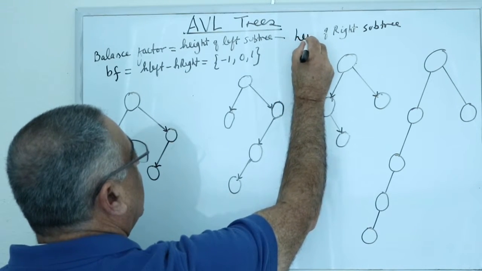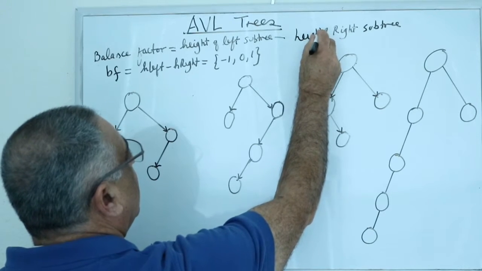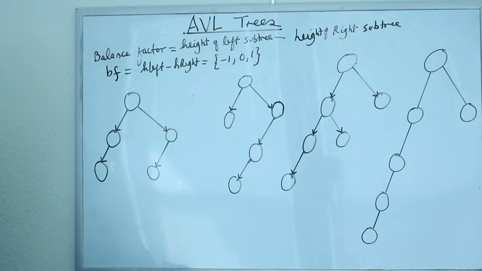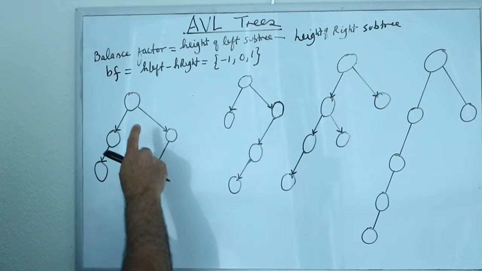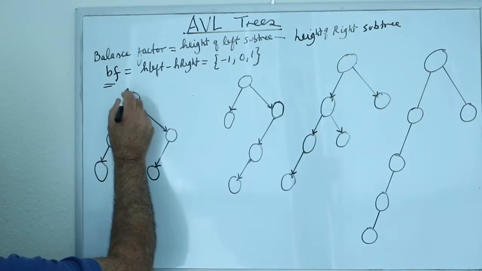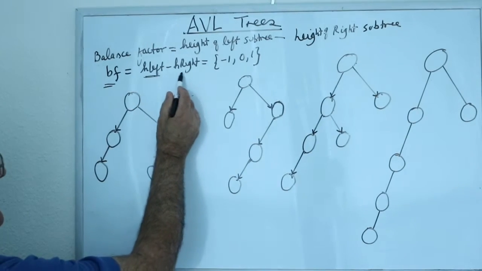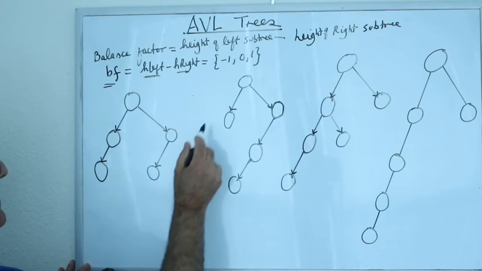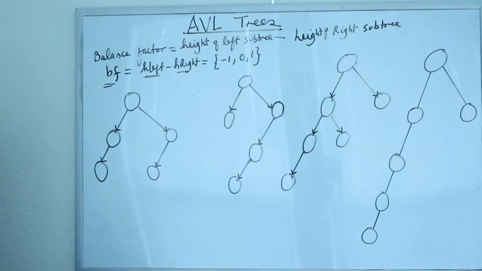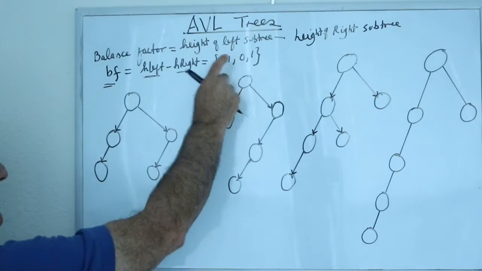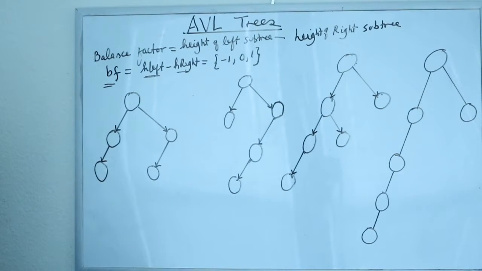Now, it can be done the other way around. I could have said the height of the right subtree minus the height of the left subtree. Doesn't matter. The value I get has to be -1, 0, or 1. Any other value means that this tree is not balanced.